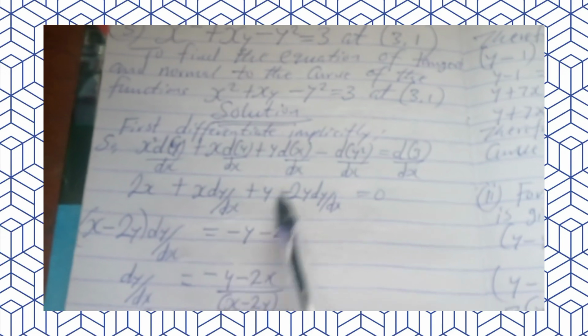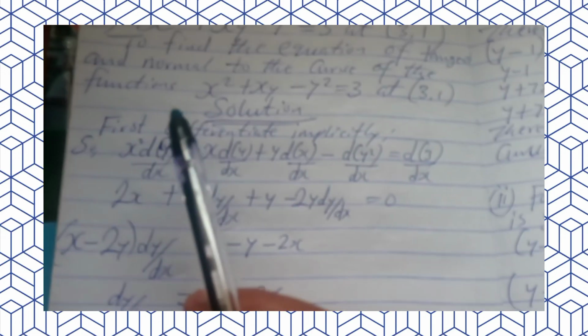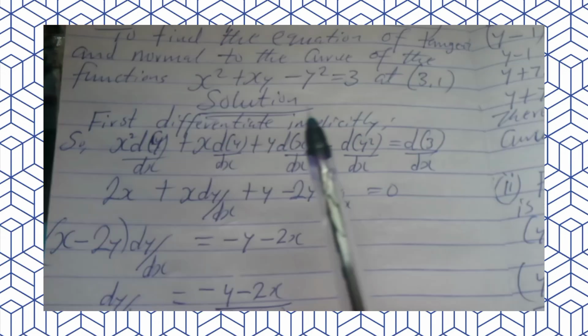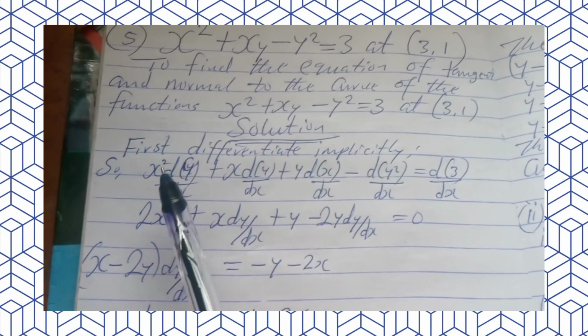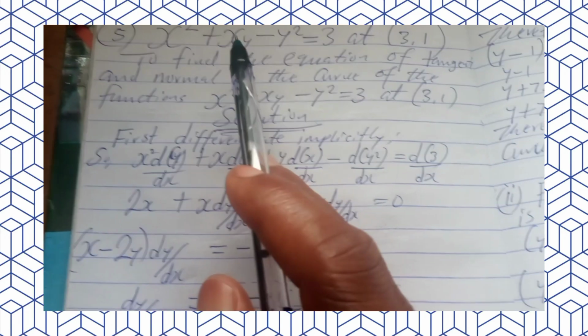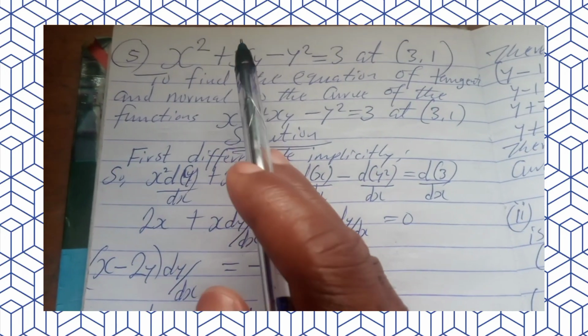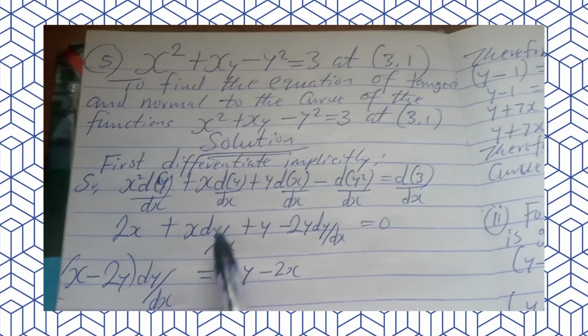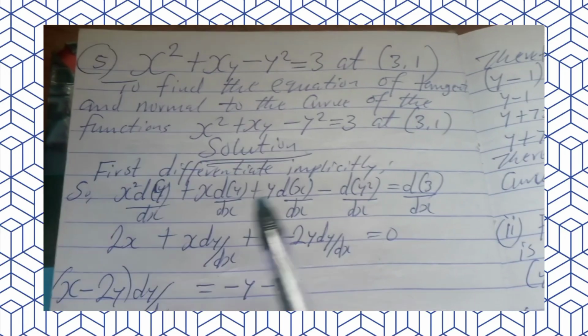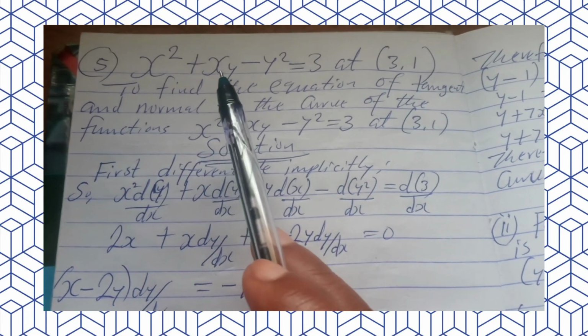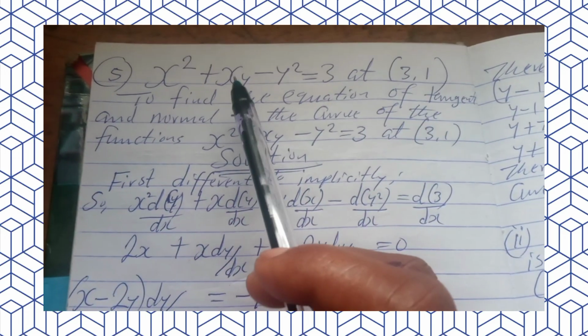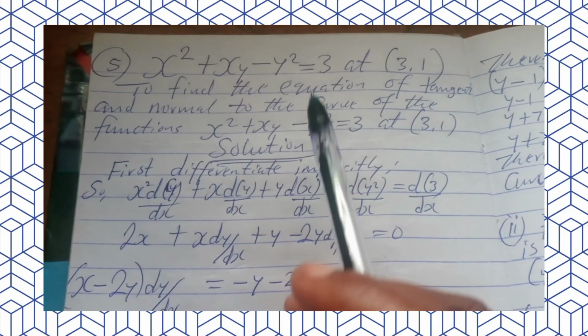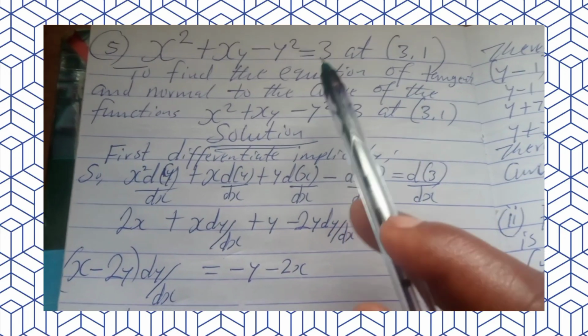So let's look at how to differentiate it implicitly. We differentiate this x squared, and when we differentiate y, it is with respect to x. That's why dy/dx is at the front. Then we put plus. Now differentiate the y with respect to x. After that we differentiate y squared, and differentiate the constant 3.